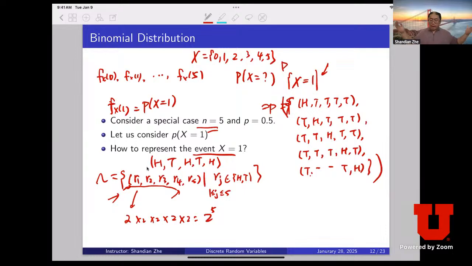Then we just need to look at it sequence by sequence, right? So first, what is the probability of the first sequence in this event, which is H, T, T, T, T? What's that?